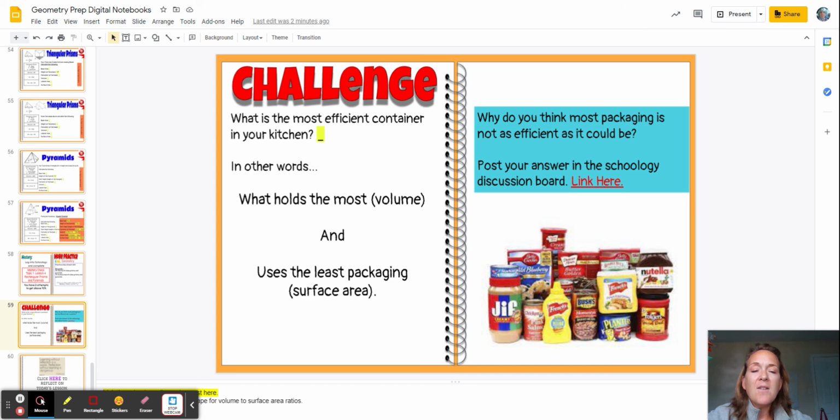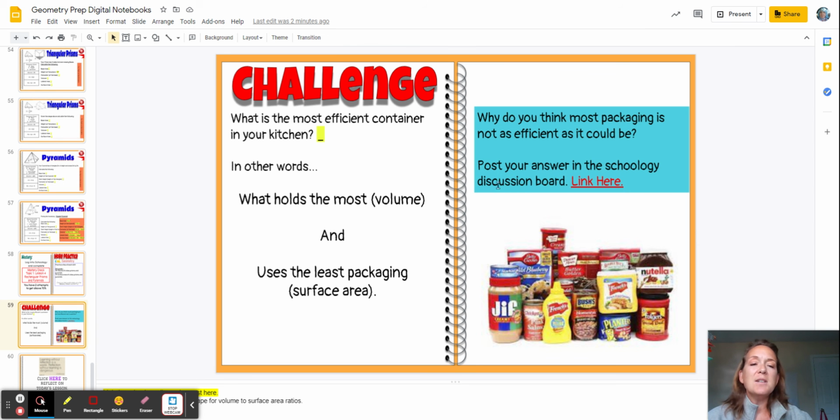It doesn't matter. Figure out what is the most efficient packaging. So how do you figure out the most efficient packaging? You're going to find the volume, you're going to find the surface area, and you're going to do volume divided by surface area. Okay, see which one is most efficient, the most volume for the surface area.